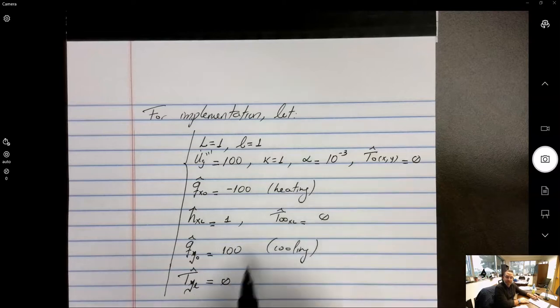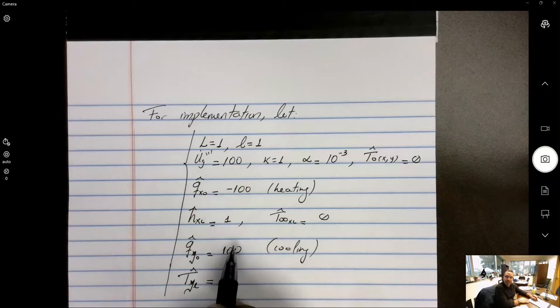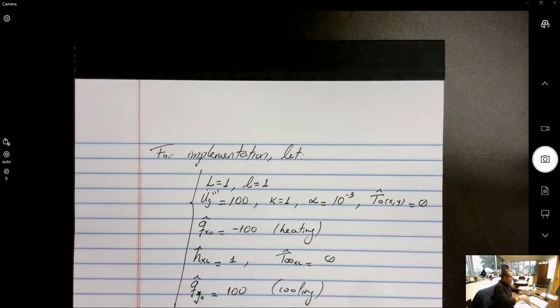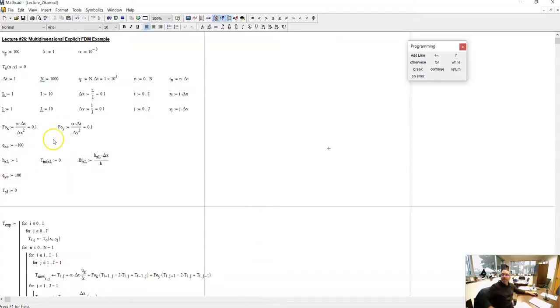So we try to maintain this cool, but it's being heated from the left and being cooled at a constant rate of 100 watts per meter squared from the bottom. So let's see what happens. Again, we have nothing to compare it against, but we hope that this will produce the right solution if it's formulated correctly. So let's check this out.